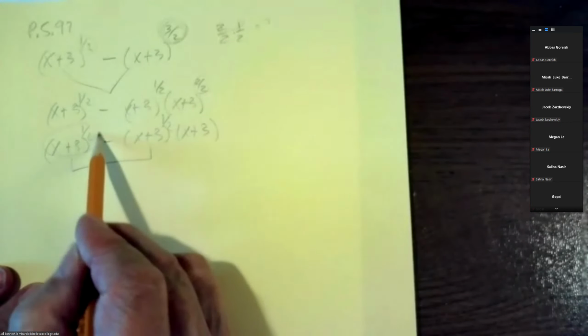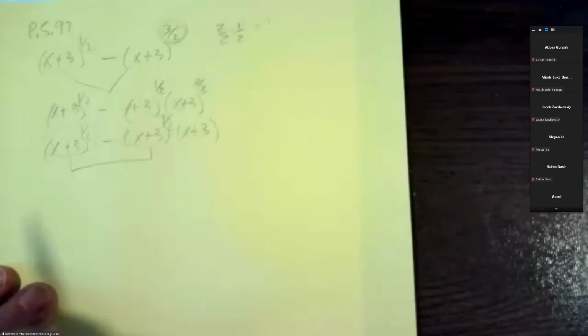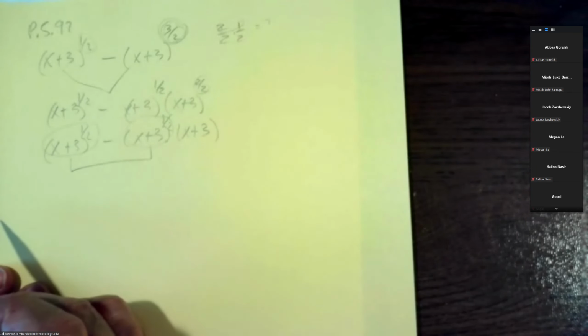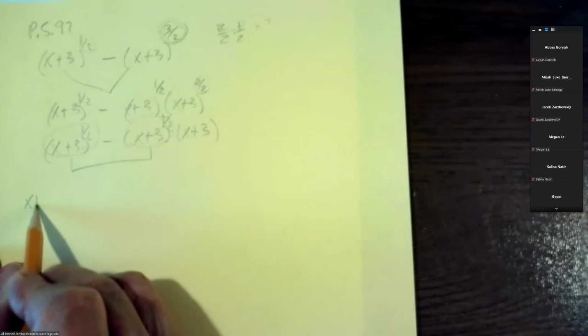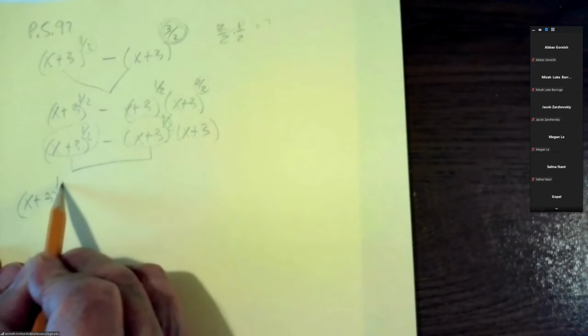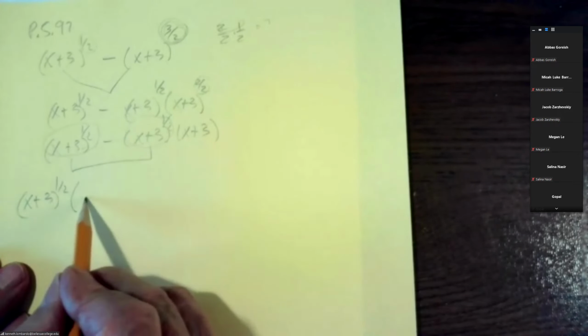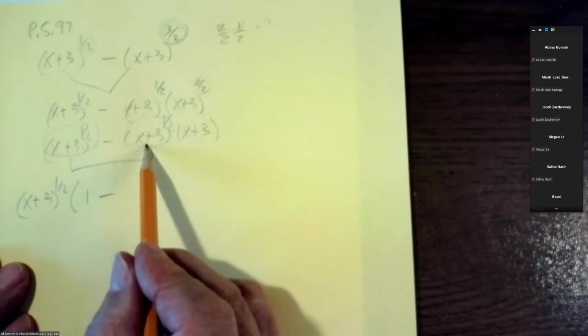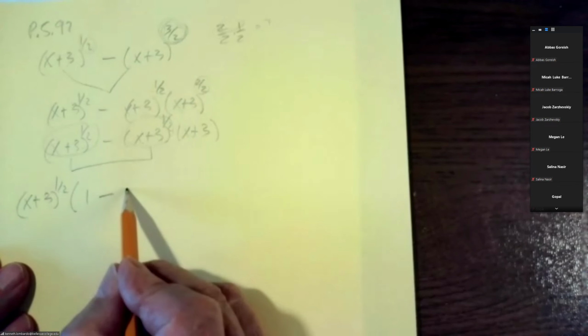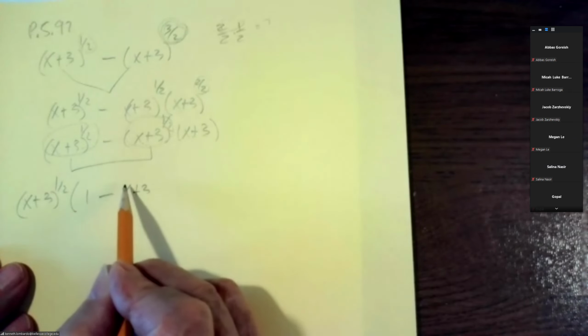And it looks like these terms are the same, aren't they? So it looks like we ought to be able to factor out an x plus 3 to the 1/2, and that leaves 1 minus, and then this x plus 3 here.